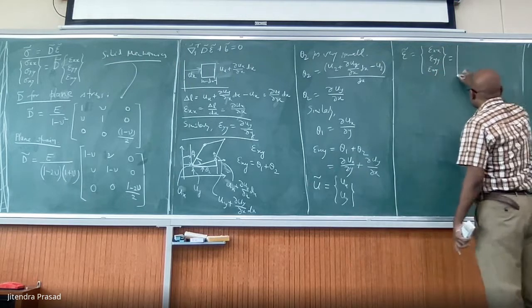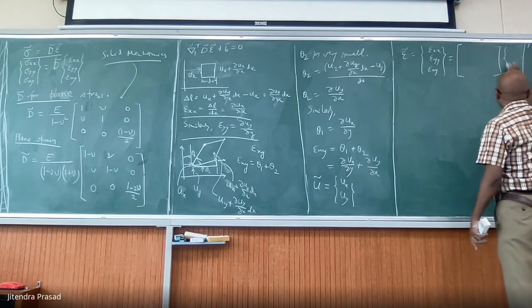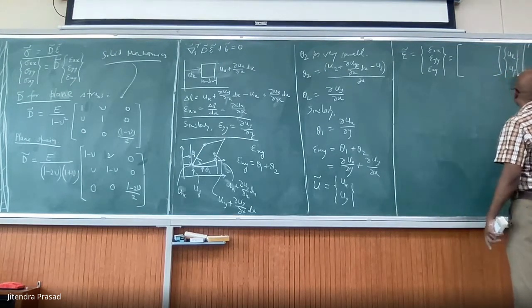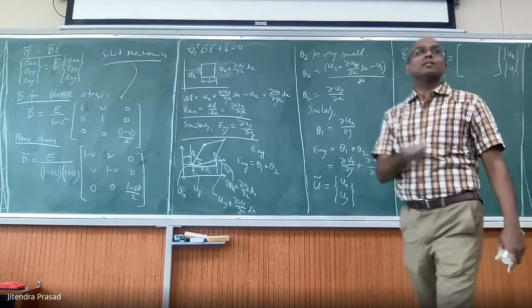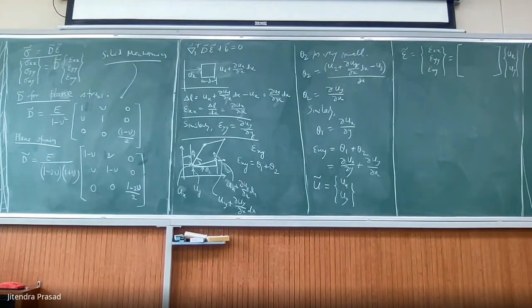We want to write something here, and then we write as ux uy. Okay, so we want to relate it. As you know that we will use that in the equation, so that when we solve for ux and uy only.